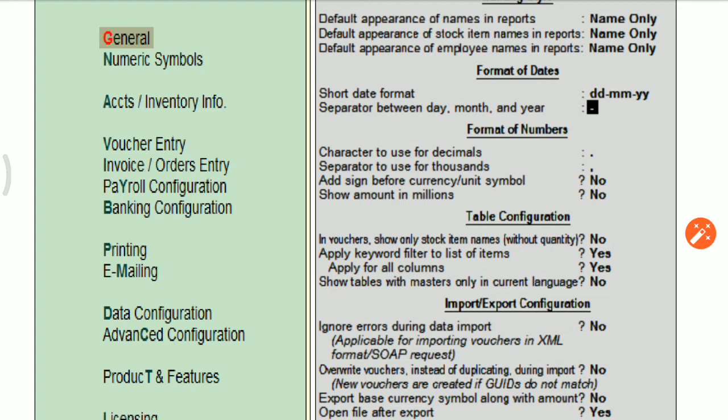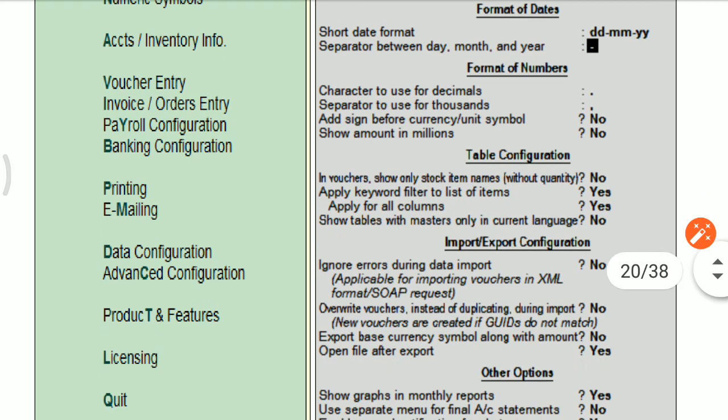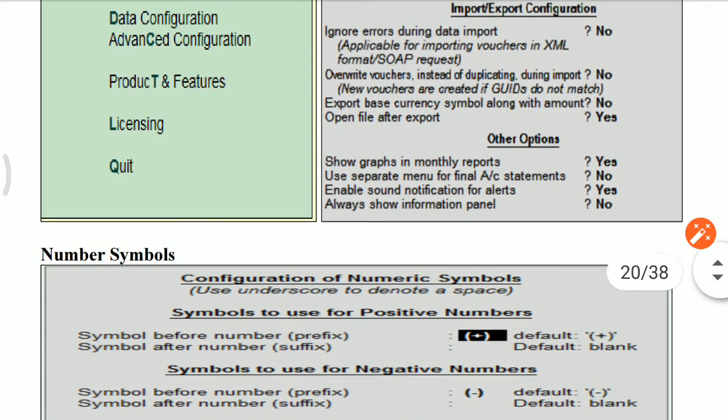Generally, in the case of international software, this minute setup nobody will inform you and nobody will guide you that this setup is available in this module. But Tally has opened all the options so that users should be aware that this type of options are available. You can either insert new, modify it or change it. Okay, table configuration, import and other options.